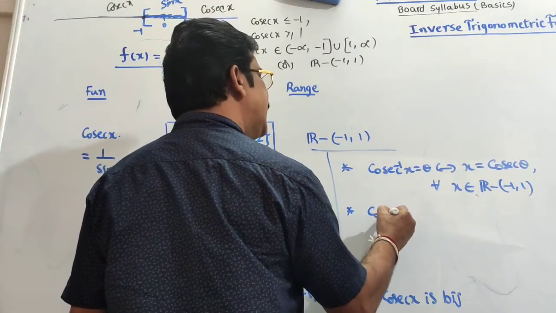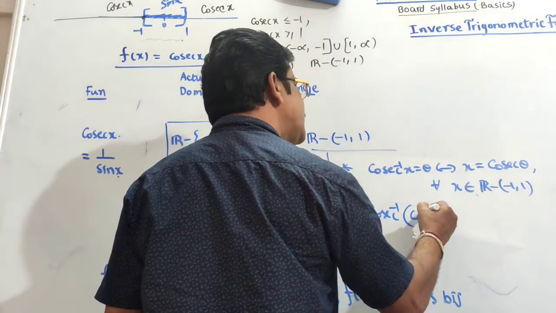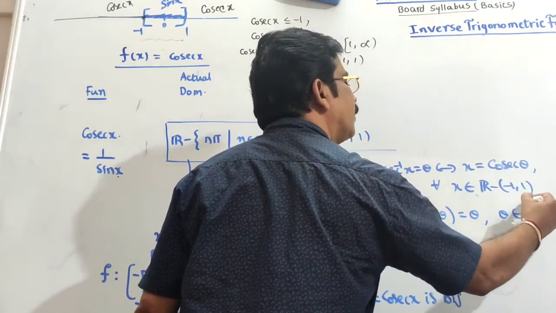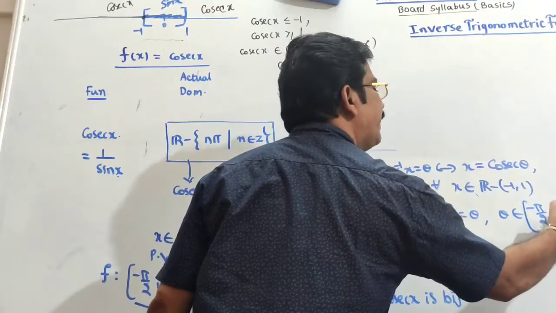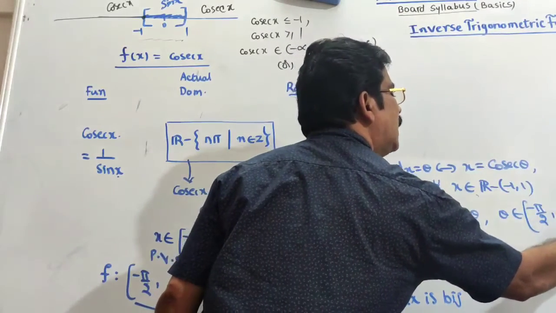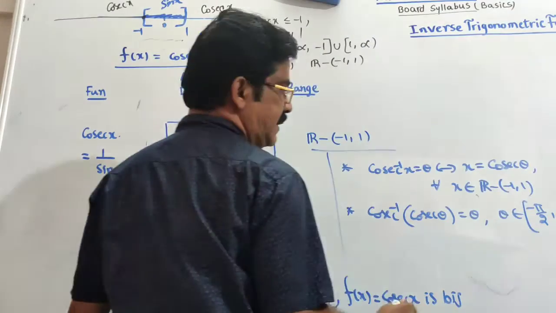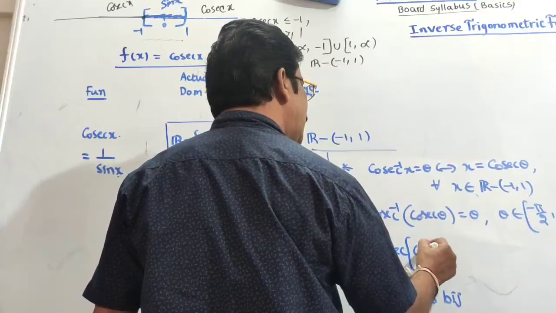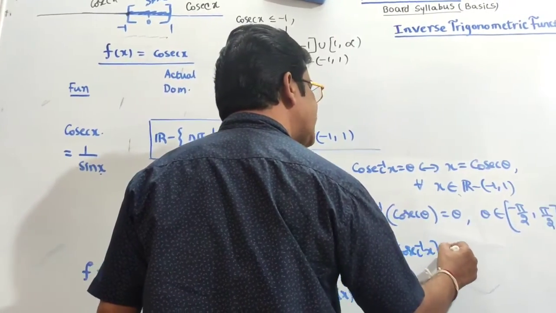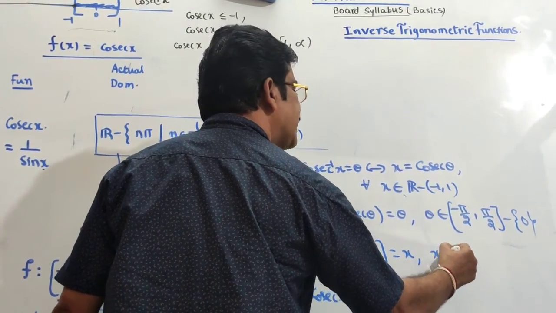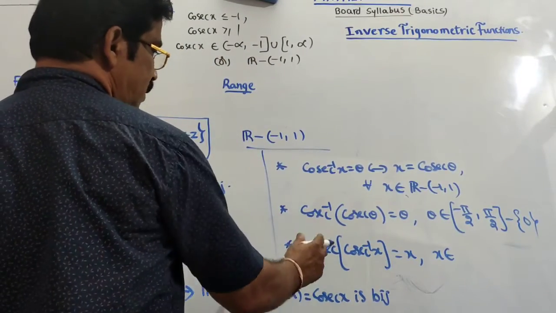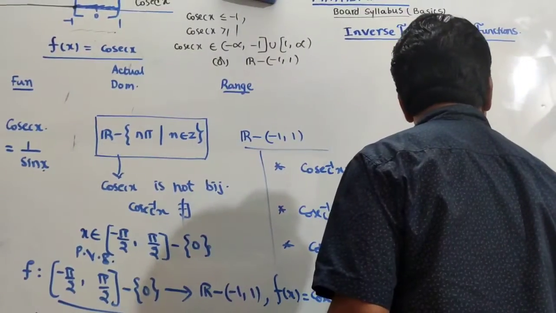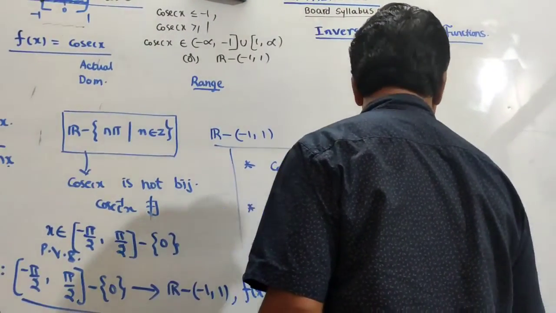Next, cosecant inverse of cosecant theta is equal to theta, where theta belongs to the closed interval of minus pi by 2 to plus pi by 2 except the element 0. And cosecant of cosecant inverse x equals x, where x belongs to capital R minus the open interval of minus 1 comma plus 1.